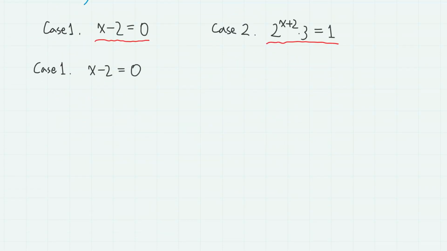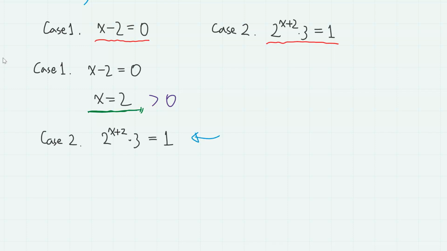So for the first case, when x minus 2 equals 0, we have x equals 2, which is a positive root. And now for the second case. This is a simple exponential equation where all we have to do is to write 2 to the power of x plus 2 equals 1/3.